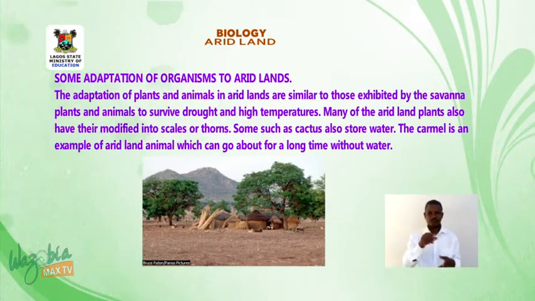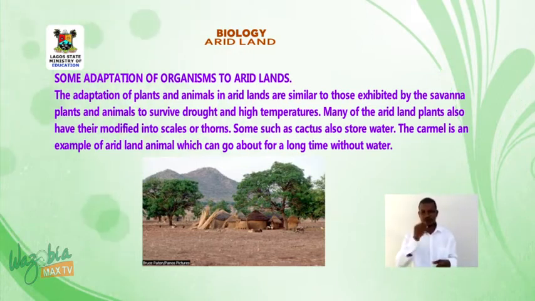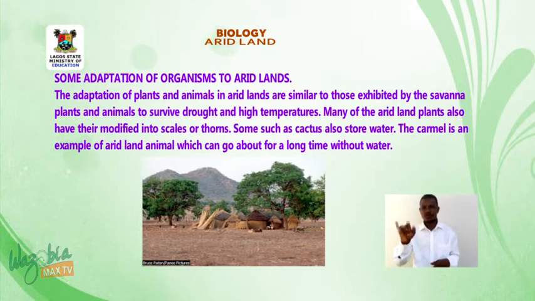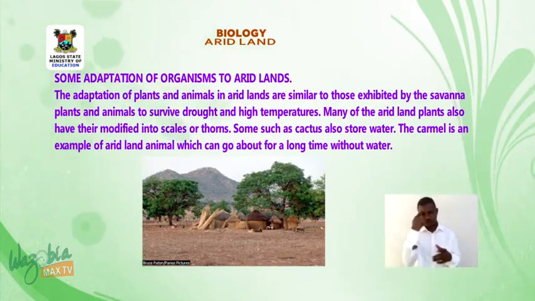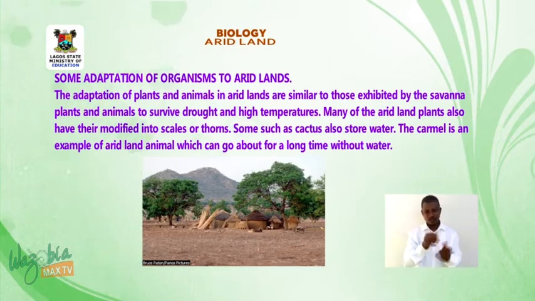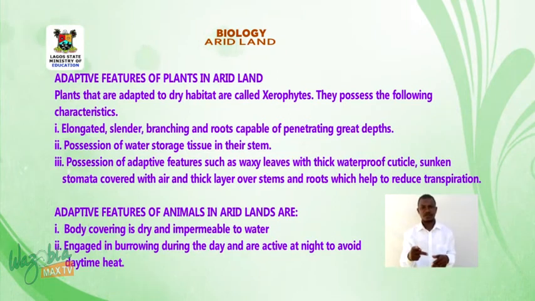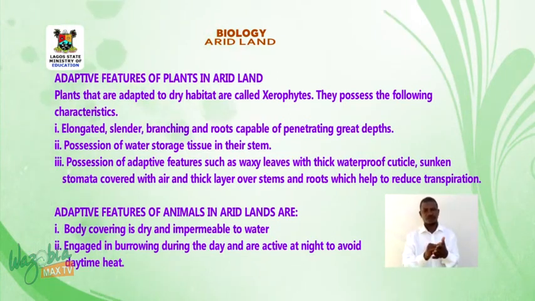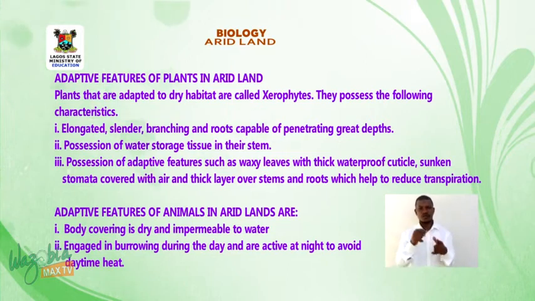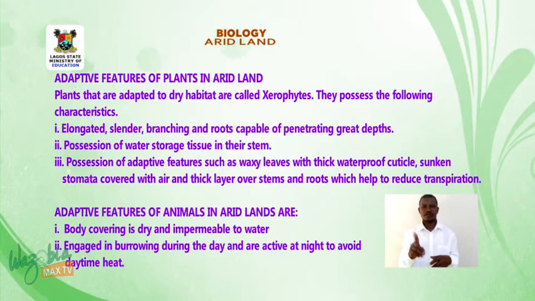The camel is an example of an arid land animal which can go for a long time without water. You can see the picture below showing how the arid land looks.